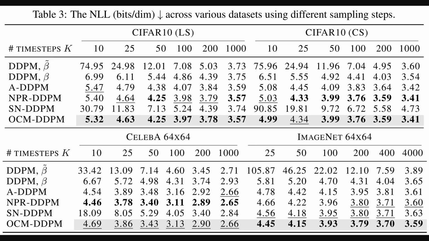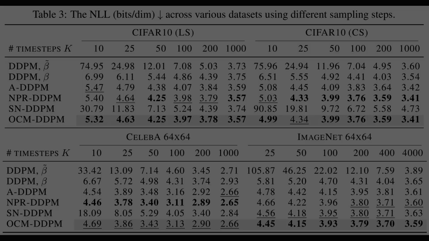We see negative log likelihood values here for datasets like CIFAR10, Celeba, and ImageNet across different numbers of sampling time steps. The models incorporating optimal covariance matching with denoising diffusion probabilistic models generally show superior or competitive negative log likelihood, particularly with fewer time steps, underscoring their efficient and accurate data modeling.